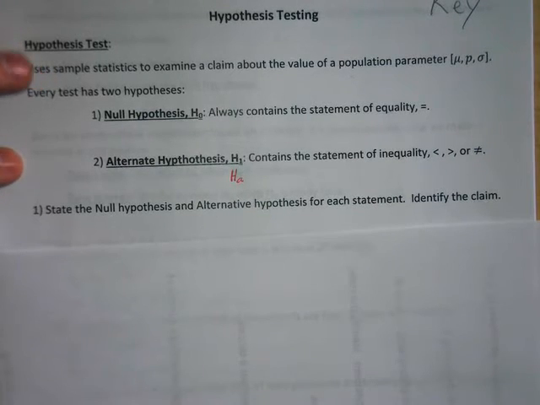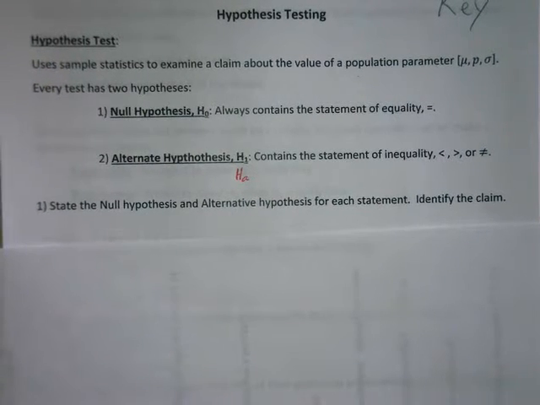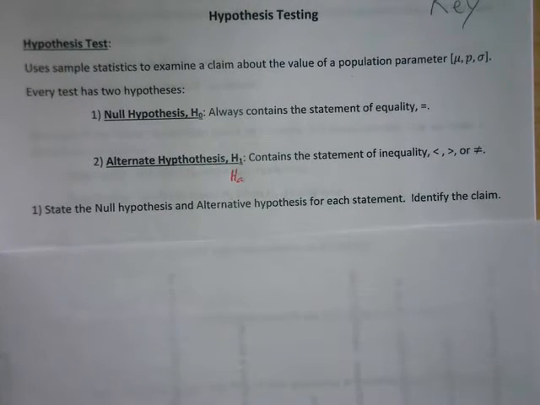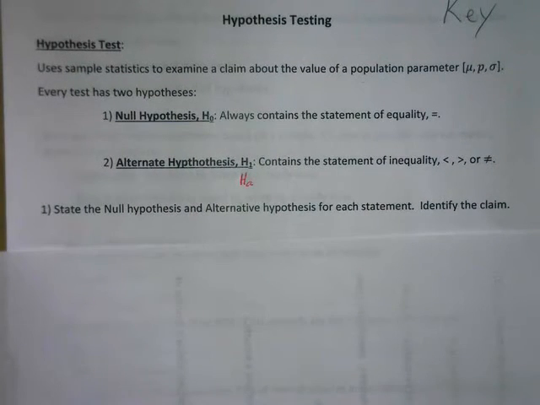Again, the idea with a hypothesis test is somebody's going to make a claim about some kind of population parameter. So for example, a restaurant may claim that a certain sandwich of theirs has less than 5 grams of fat. They might say that mu is less than 5. Well, it's not realistic to take every single sandwich that they've ever made to get the population value.